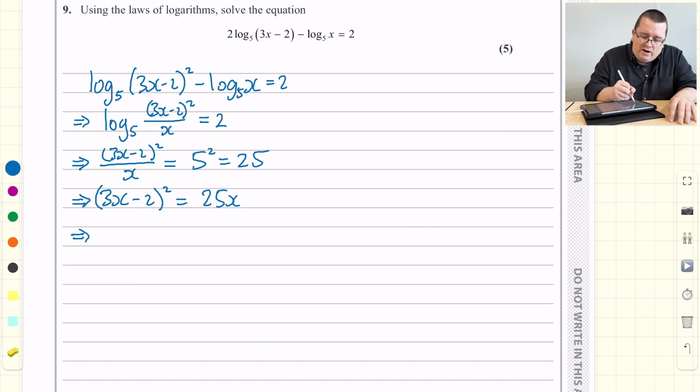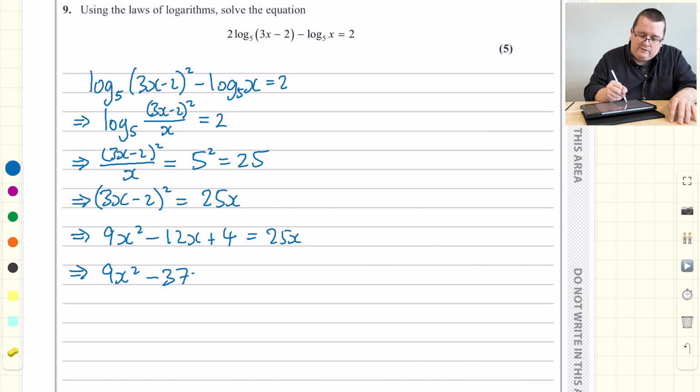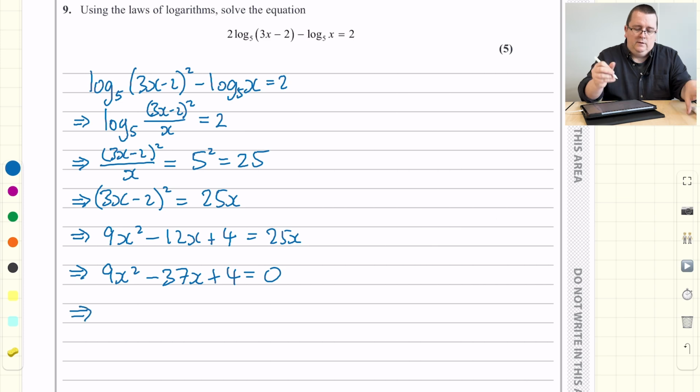Let's expand out the brackets. So 9x squared take away 12x plus 4 is 25x. Okay, let's take away 25x from both sides. So 9x squared take away 37x plus 4 is 0. Right, so I'm going to plug that into my quadratic solver.